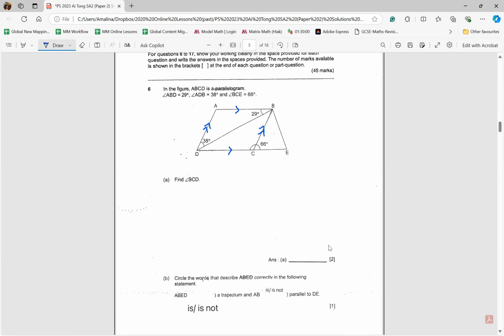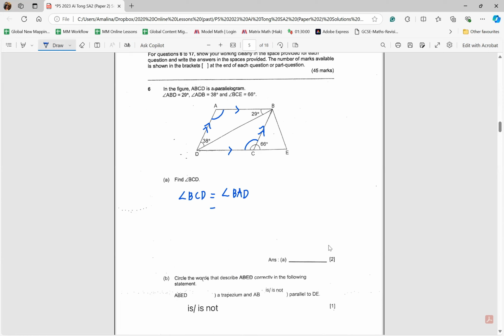How do I find this angle? Now you cannot assume that your BCE is a straight line unless your question tells you so. So if you want to find this angle, you notice that your BCD is the same as your angle BAD because it's a parallelogram. So angle BCD equals angle BAD because it's a parallelogram.